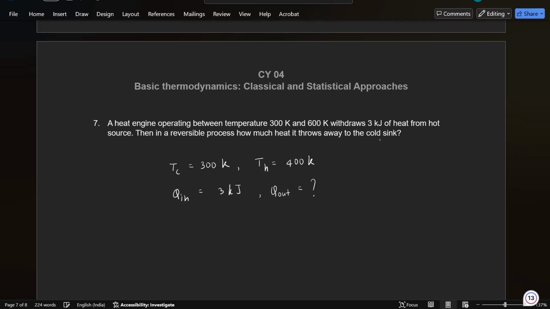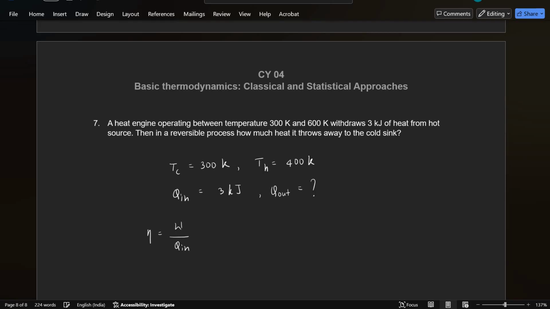So how do we solve this problem? What are the formulas for efficiency? I told in the previous question. Can you tell me that? W by Q we can use. Okay, we can use that for sure.